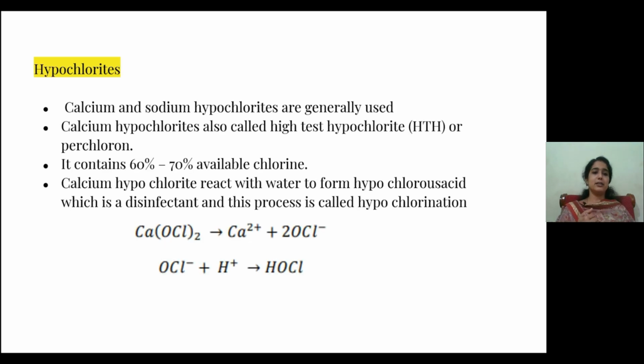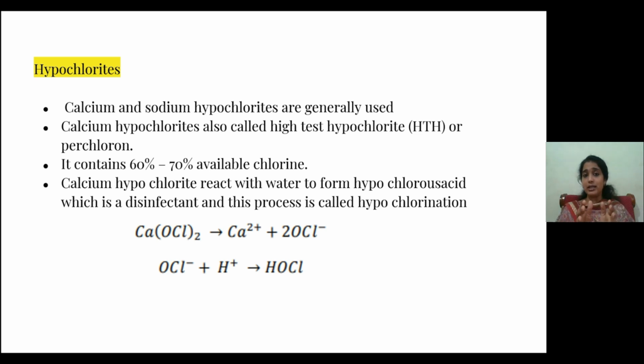Then the hypochlorite. Calcium and sodium hypochlorites are generally used. Calcium hypochlorite, also called the high test hypochlorite, that is HTH, or perchloron. It contains 60 to 70 percent of available chlorine.